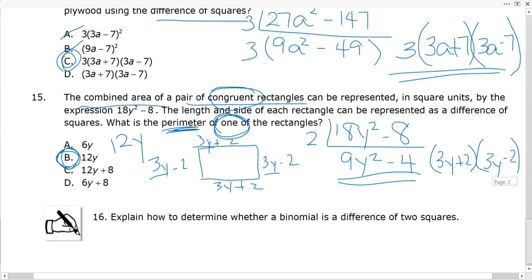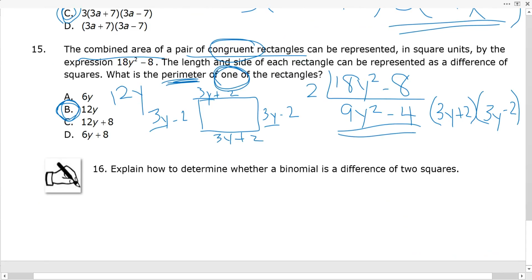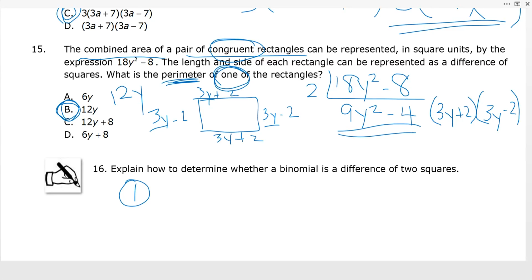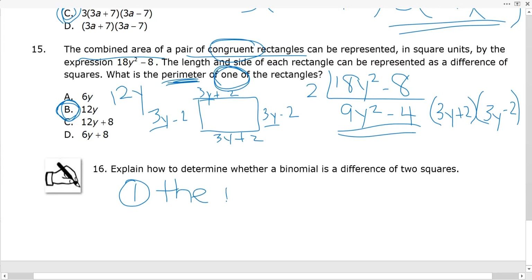All right, last one. So how do you know if a binomial is the difference of 2 squares? 1, the numbers are perfect squares, the coefficients or the constant.